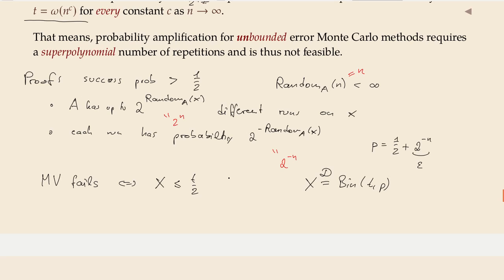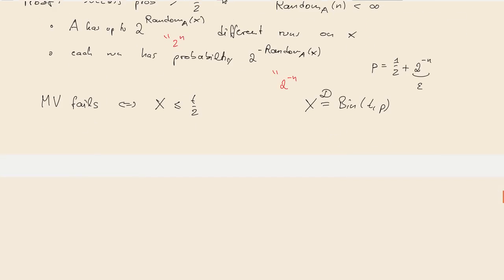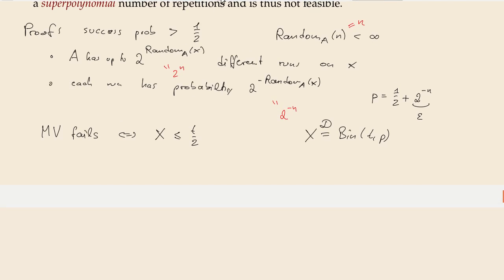Okay. And we'll again denote this by epsilon, but actually this now depends on n, and it drops very quickly. So I think after this explanation, you might already believe that this is a bad thing, because the success probability goes to 1/2 very, very quickly. So in most cases, you will just not have a majority of outputs. If it's like 1/2, 1/2 to have either output, then there's a good chance that you will not have one that is output in more than half of the total number of repetitions.